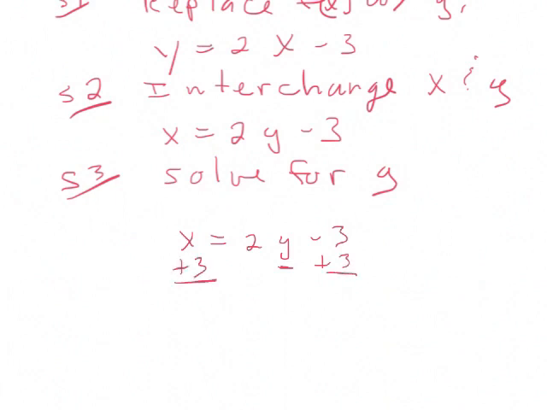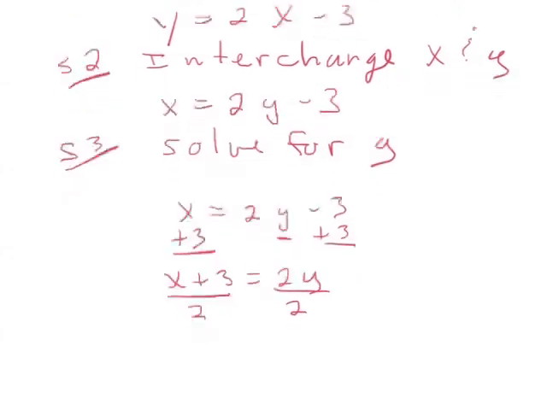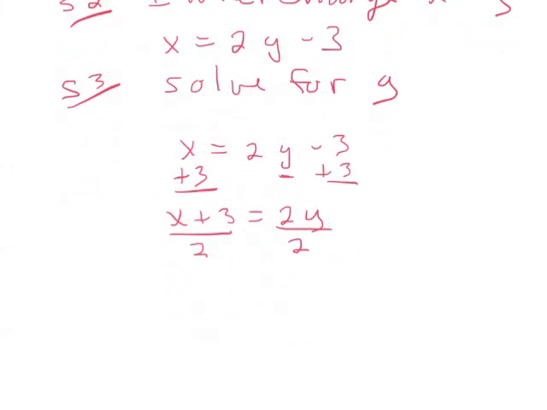So that gives me x plus 3 equals 2y. Now here I have 2 times y, the opposite of multiplying by 2 is dividing by 2. So we're going to divide on both sides, just like that. And then I will have y is equal to, because these divide out, x plus 3 over 2.